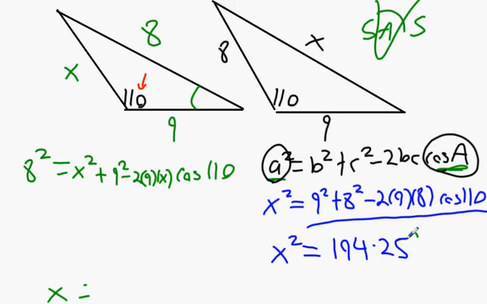What's the prediction? Should the answer be bigger than 8 and 9? Because it's the biggest angle in a triangle. So what is the answer when you square root it? 13.93. Okay.